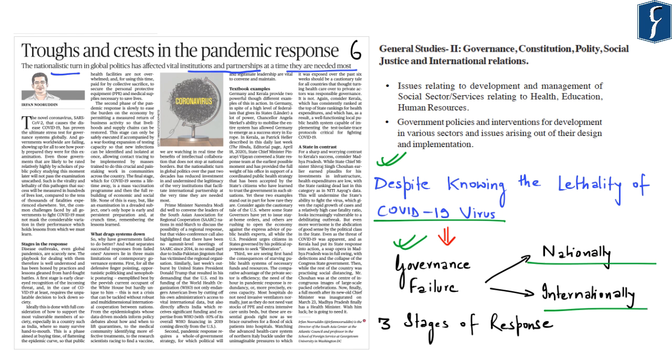The author in this article has stated that there are 3 stages of response in any pandemic situation, and despite knowing these 3 stages of response, there has been an overall governance failure in order to save lives, both at the national level as well as at the international level, because of lack of coordination and cooperation among important institutions including medical institutions.